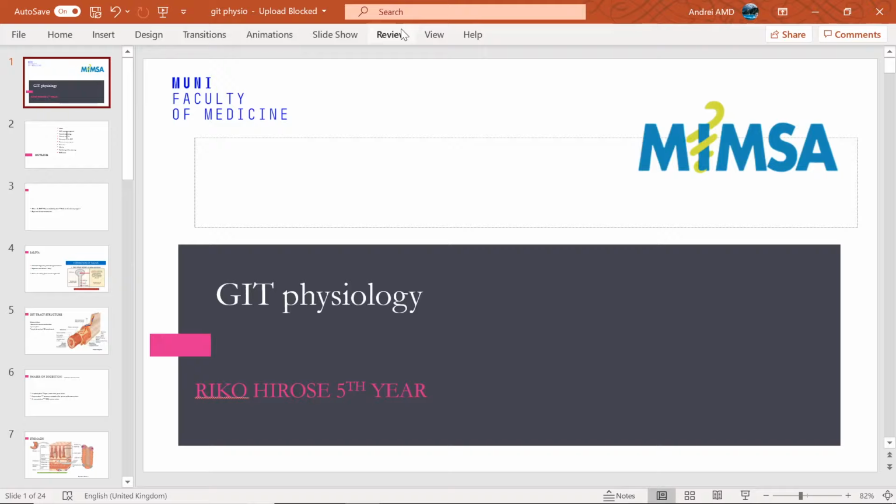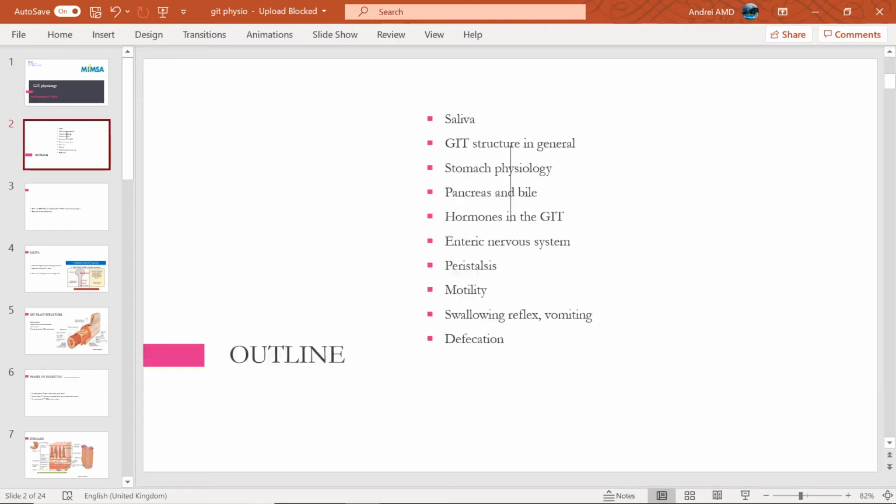So the outline would be like this. I would love to cover everything, but I don't think I can. But I would try to include what's important. So I would start from the top to the bottom. So from saliva, also swallowing, stomach, duodenum, and also the small intestine, the colon, and also defecating as well.